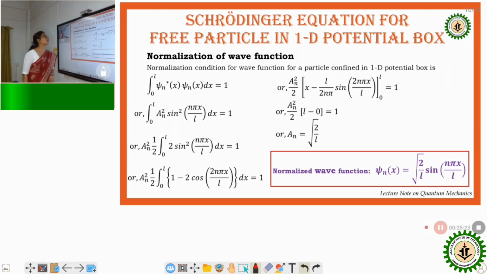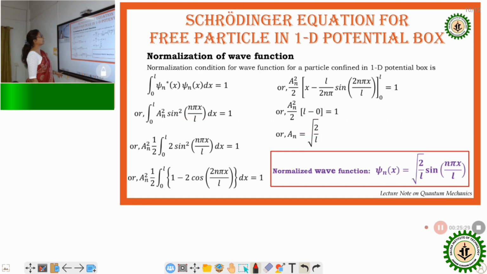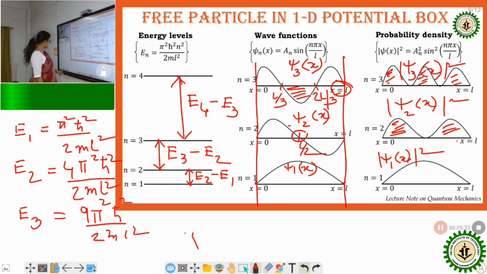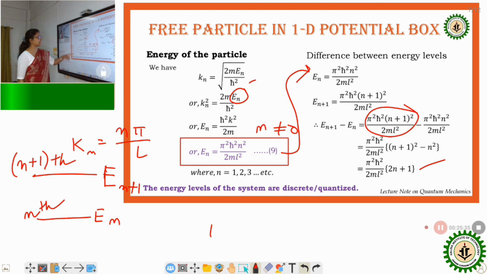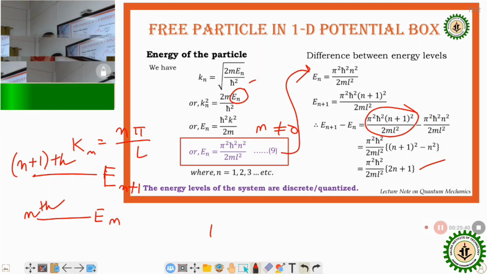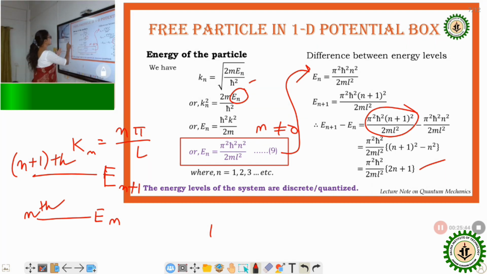Now, before going to the normalization of the wave function, I must tell you that the energy has some features. This is the eigenenergy, and this energy is non-degenerate.